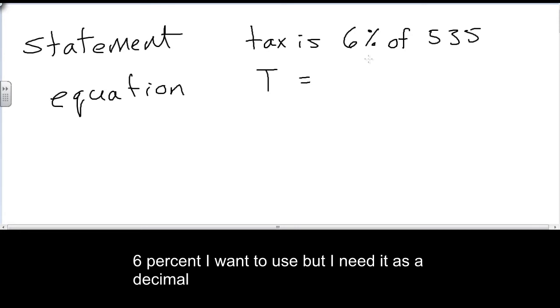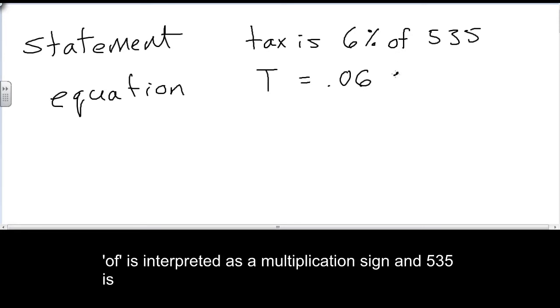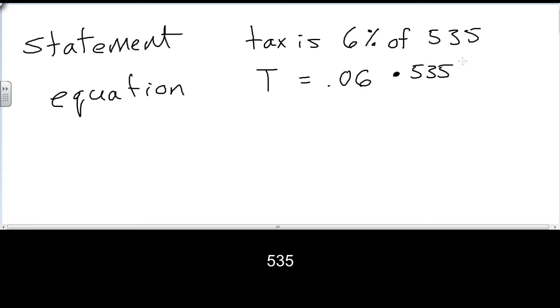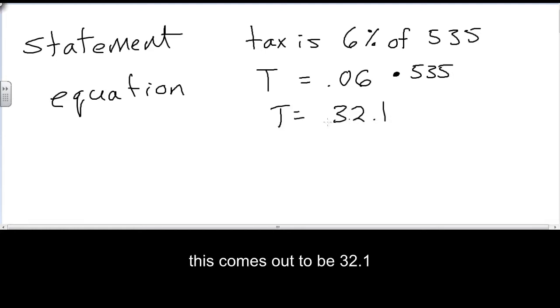Is interpreted as an equal sign in these situations. 6% I want to use, but I need it as a decimal. So I'll divide by 100, changes it to the number 0.06. Of is interpreted as a multiplication sign, and 535 is 535. So to find the tax, I'll multiply 535 by 0.06 first. This comes out to be 32.1.